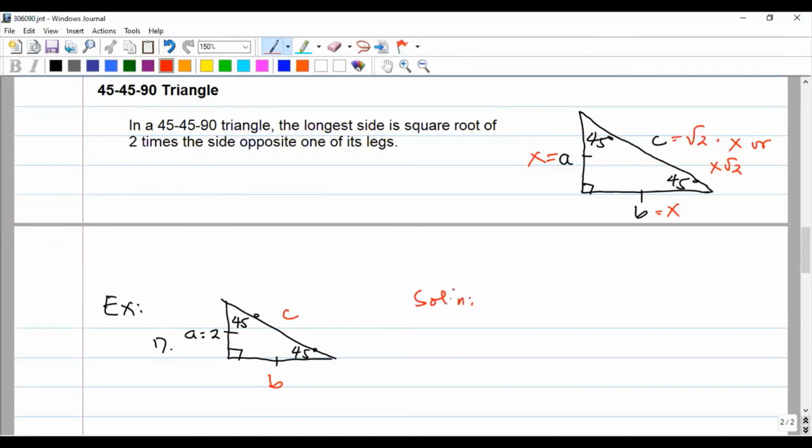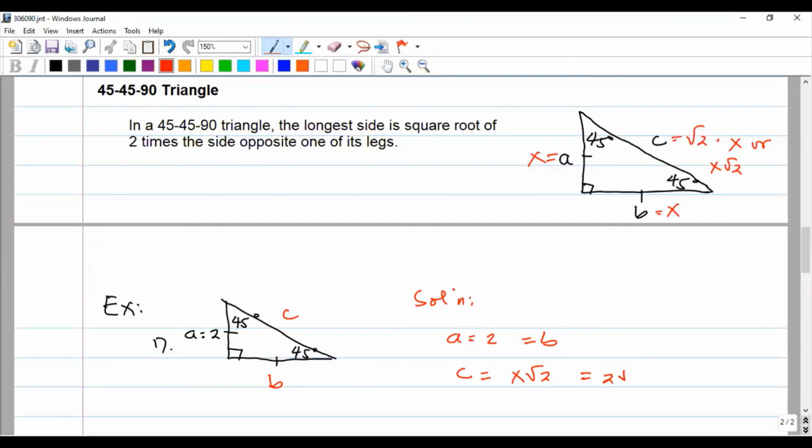So again, our side A and side B are congruent, and our C is X square root of 2. So A is equal to 2, which is equal to X, which is also equal to B. And therefore C is equal to X square root of 2, in which our X is equal to 2.